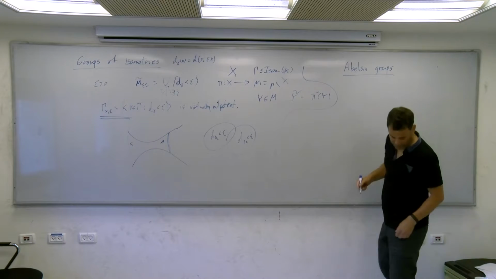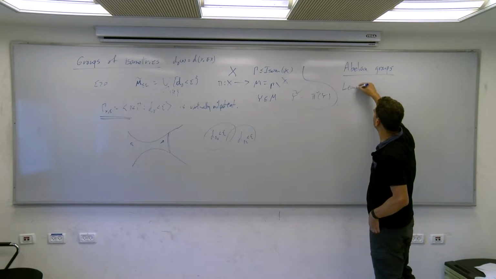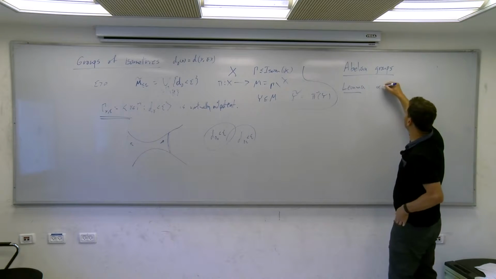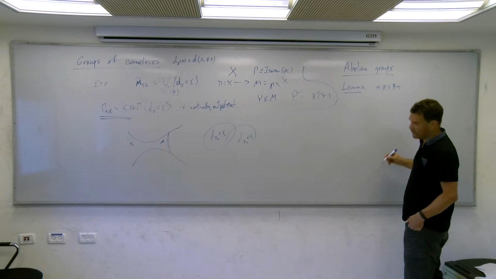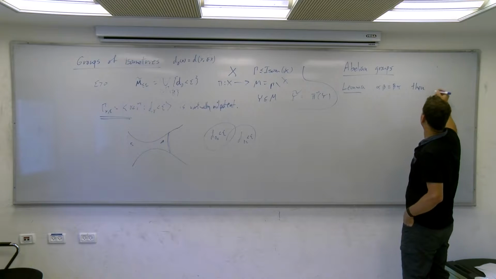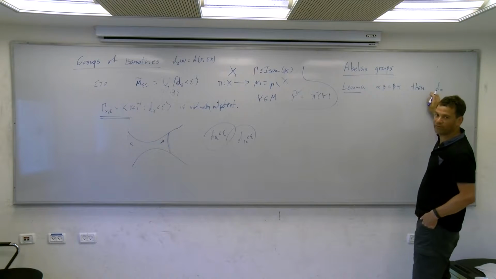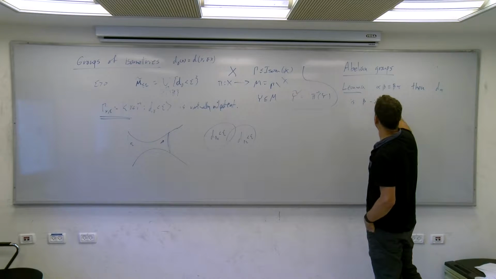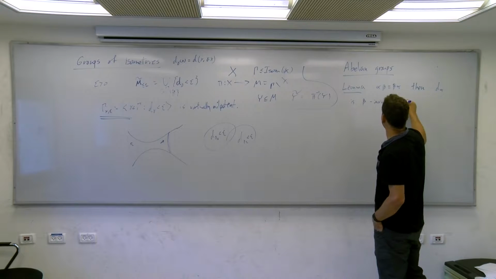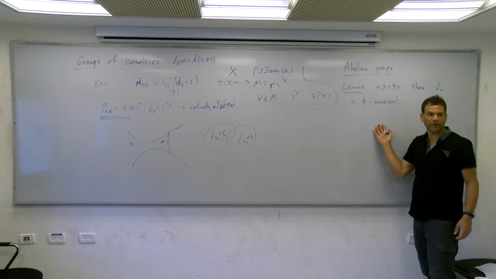So first, a lemma. If you have two commuting isometries, alpha beta equals beta alpha, then one thing is that d alpha, this function on x, is beta invariant. This is obvious, right?